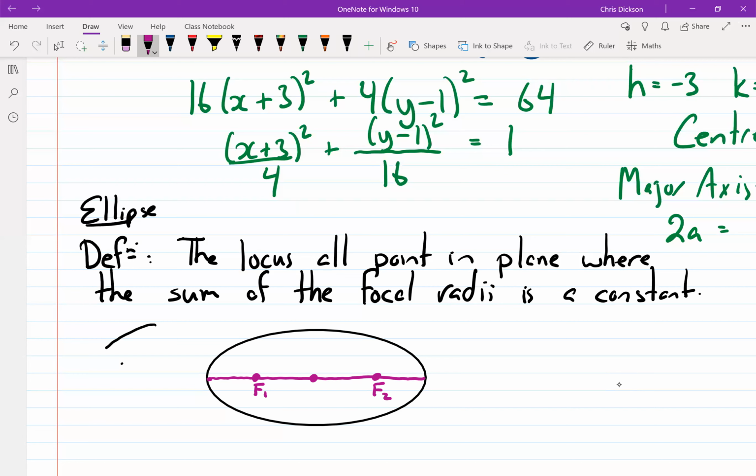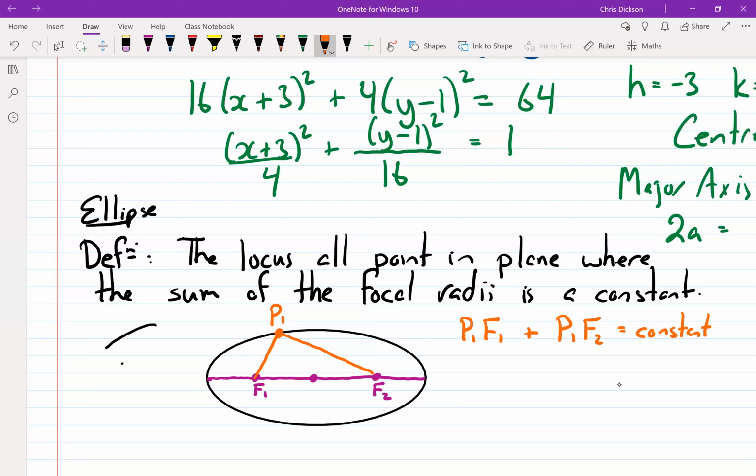So what does that mean? Well, let's put a point on the ellipse here. We'll call this point P1, okay? And if you measure P1F1, and you add that to P1F2, that is equal to a constant value.